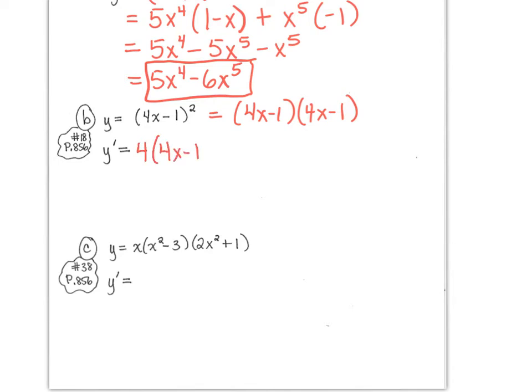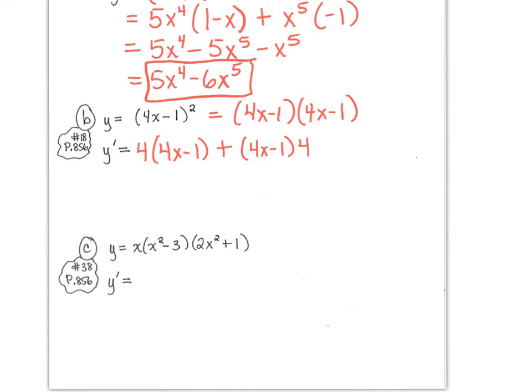Good. Plus the quantity 4x minus 1 times 4. You got it. So we took the derivative of 4x minus 1. We got 4. And then we just wrote 4x minus 1 here, plus, then we fixed the first, and then we took the derivative of that. What do you do from here?